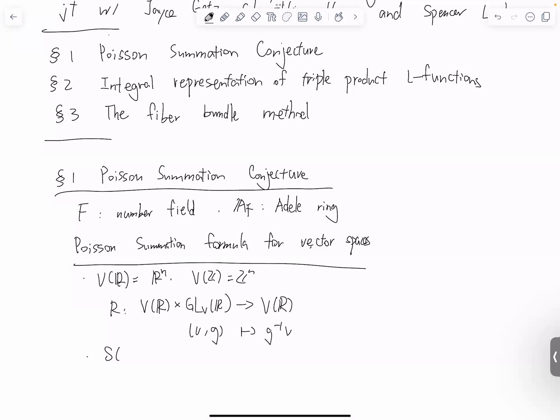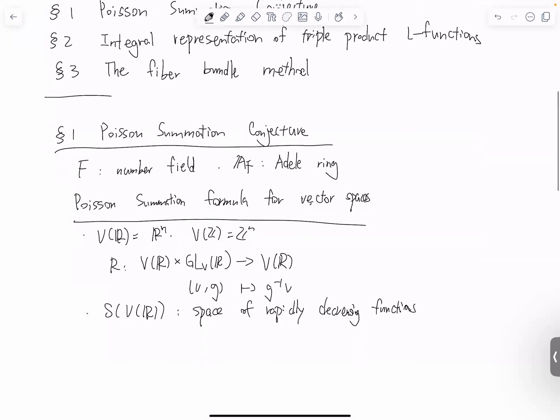And I denote S(V_R) to be the Schwartz space of rapidly decreasing functions. And we have a Fourier transform on the space acting on f: \hat{f}(\gamma) is the integral over R^N of e^{-2\pi i \gamma x} f(x) dx.